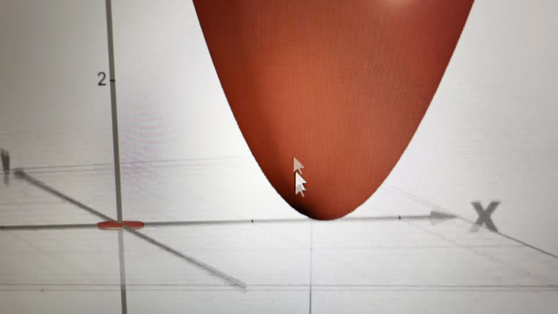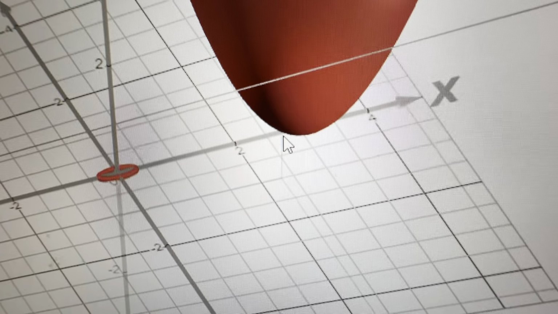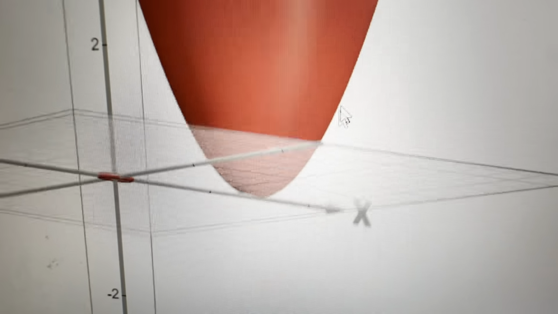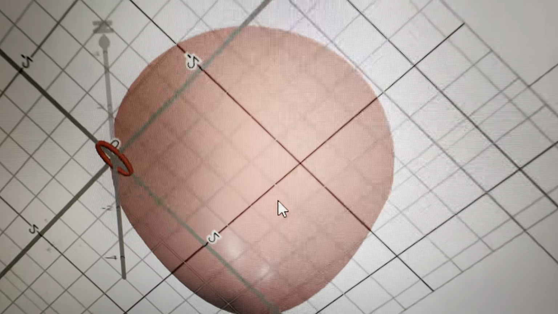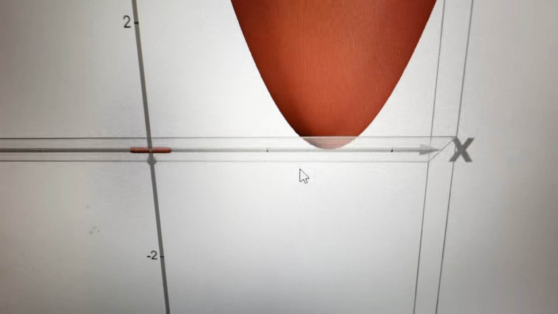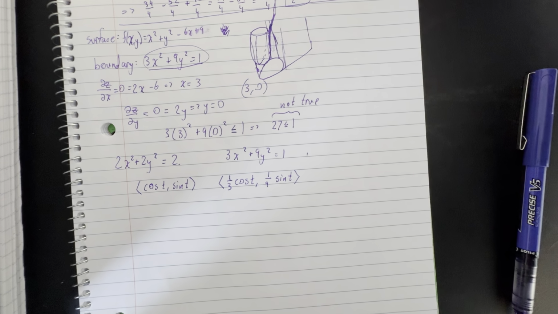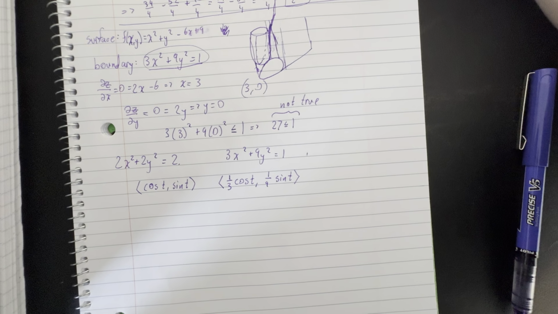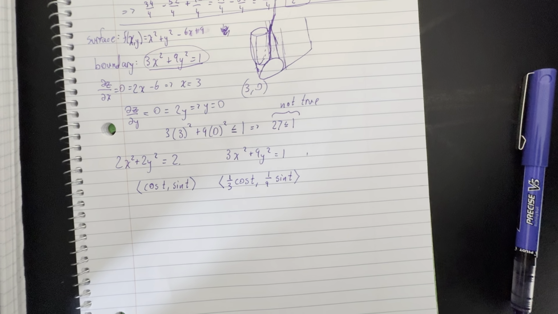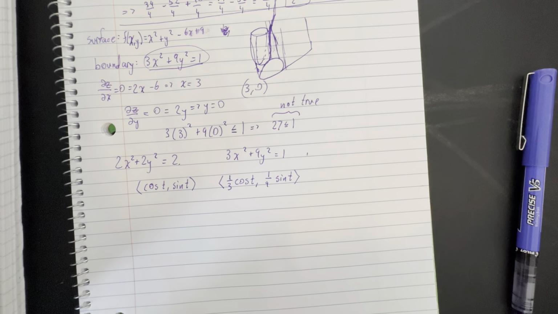So there's our little ellipse. And as you can see, he is obviously not hitting that critical point that we have for a parabola. Here, let me write his normal equation: 3x squared plus 9y squared equals 1.